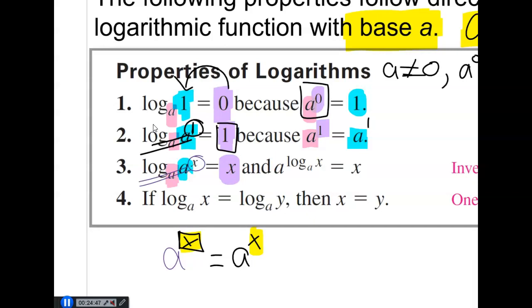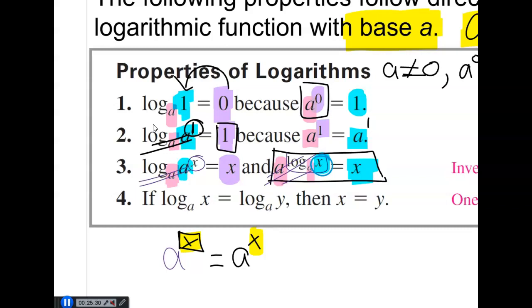Similarly, we have this other property that works in the same way. So if you have a base right here, base for exponential, and your exponent happens to be a logarithmic expression where the base of the logarithm matches the base of the exponential expression, we could also cancel this out, and what we have left as our answer will be the argument, which will be x.